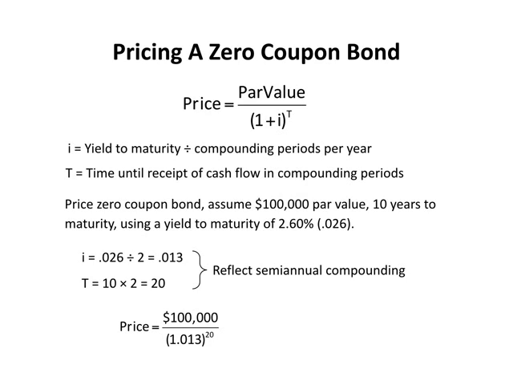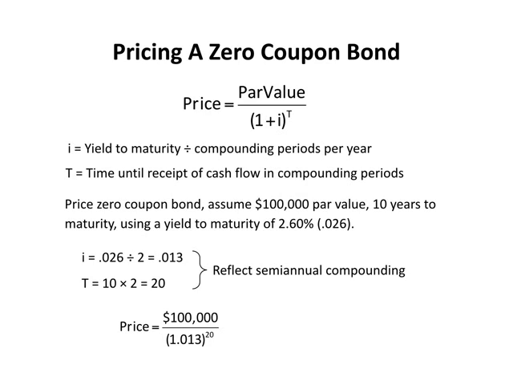Take the $100,000 par value, divide that by 1 plus I, that is 1 plus the periodic rate, or a divisor of 1.013, where that 1.013 needs to be raised to the 20th power to reflect the fact that there are 20 semi-annual periods over the 10 years to maturity. First, raise that divisor to the power, then divide that result into 100,000. That calculation determines the market price of the 10-year Treasury strip, trading at a yield to maturity of 2.6%.